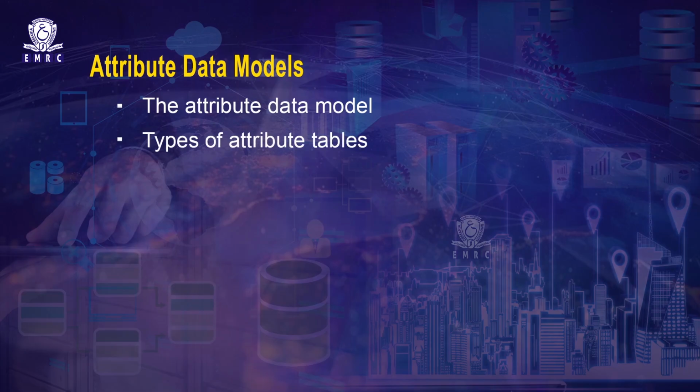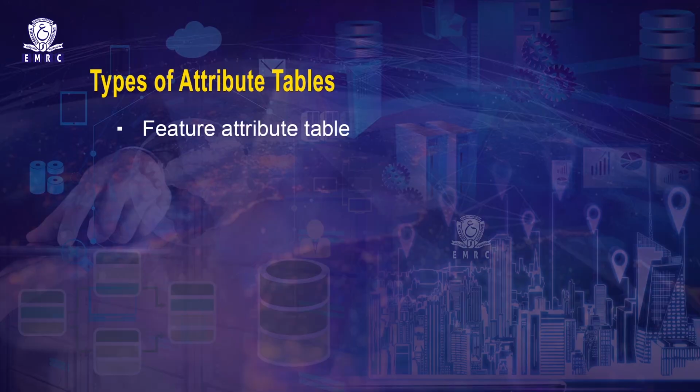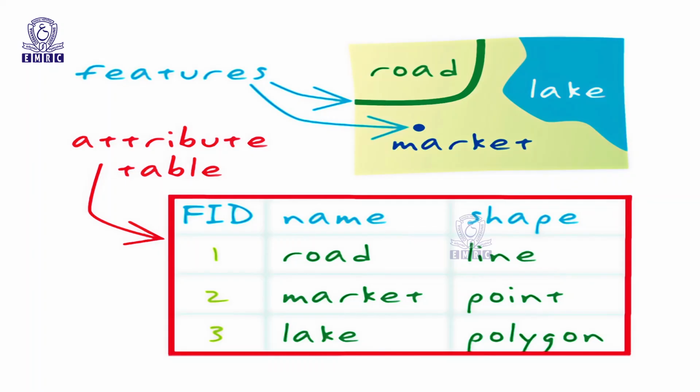Types of attribute tables. There are two types of attribute tables. The first type is called the feature attribute table, which has access to the feature geometry. Every vector data set must have a feature attribute table. In the case of the georelational data model, the feature attribute table uses the feature ID to link to the feature geometry.